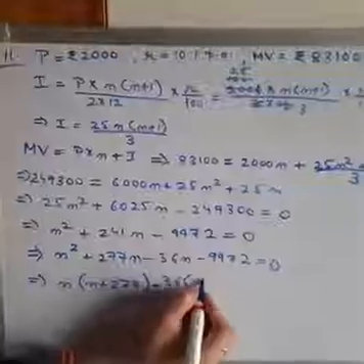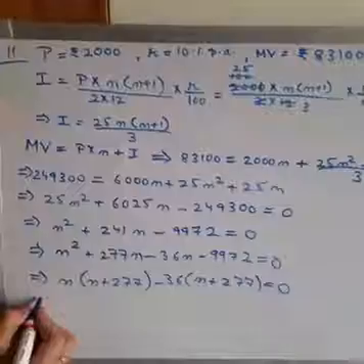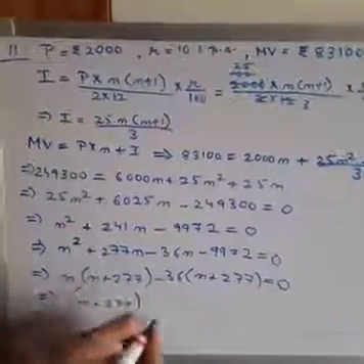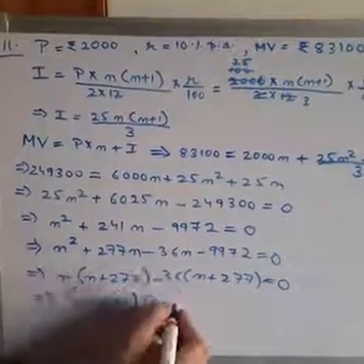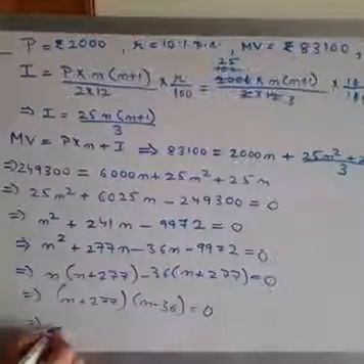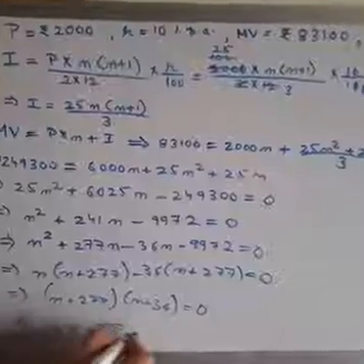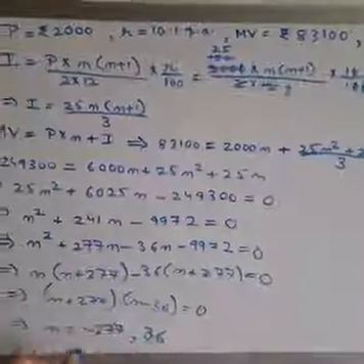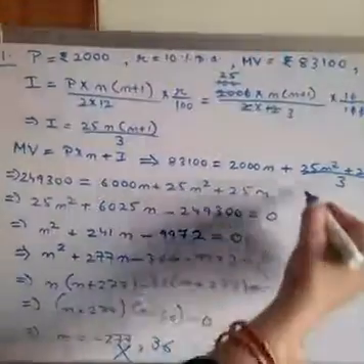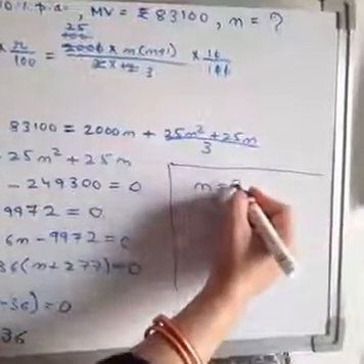So again this will be N plus 277. This is equal to 0. So which will give N plus 277 and N minus 36 is equal to 0. This will give two possible values of N, which are minus 277 and 36. You know that since N is the number of months, the negative value will be rejected, and so we have the value of N equal to 36.